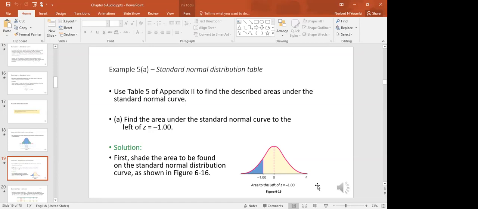The cumulative distribution is F of x equals probability. Let me put a. F of a equals the probability that z is less than or equal to a. So if this number is a, the cumulative distribution gives you this area.